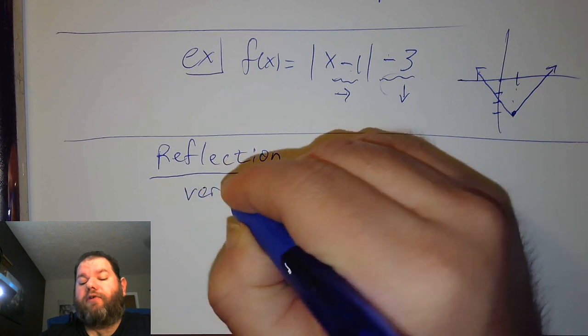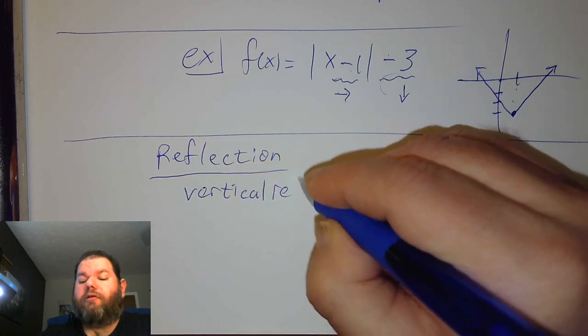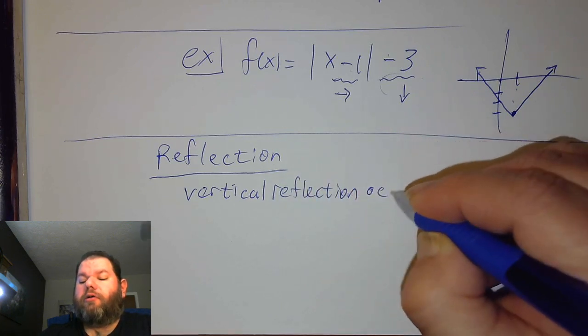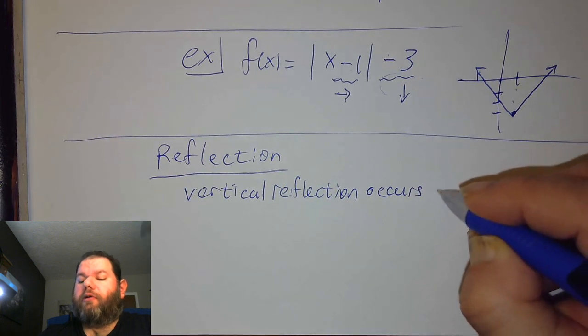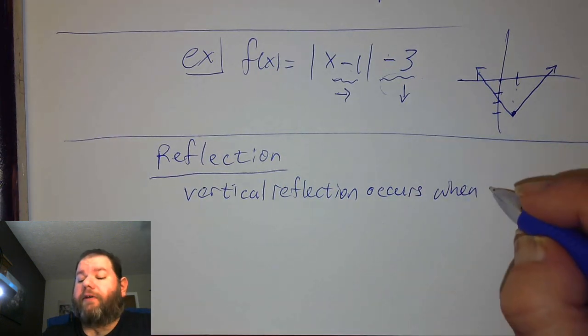I guess we could say vertical reflection occurs when the function is multiplied by a negative on the outside.